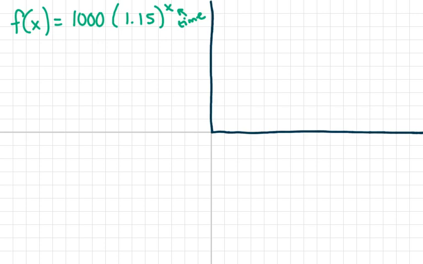Now I'm going to set up my scale. I'm going to put 1, 2, remember this is my time in years, 3, 4, 5, 6, I'll go up to 7 years. And then I know I'm starting with $1,000, so I want at least that much in my account.